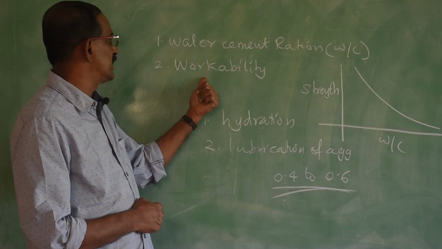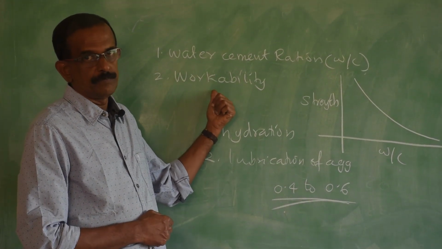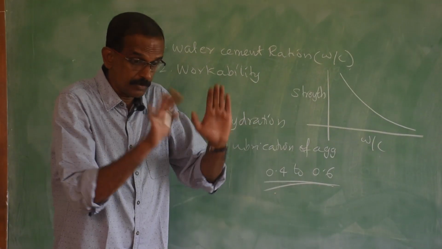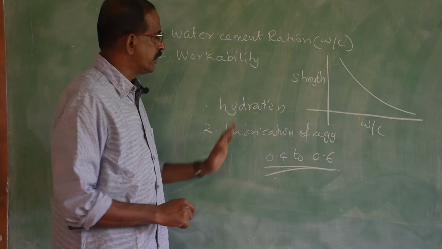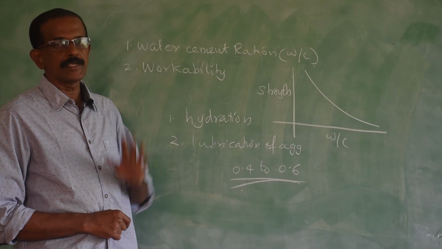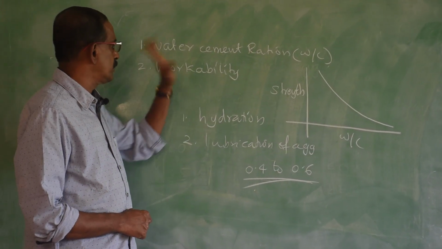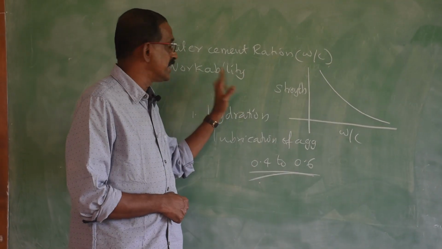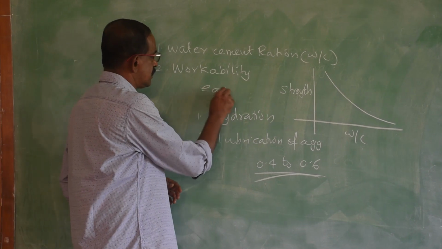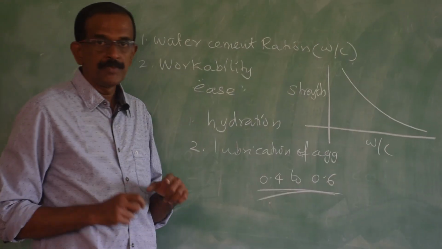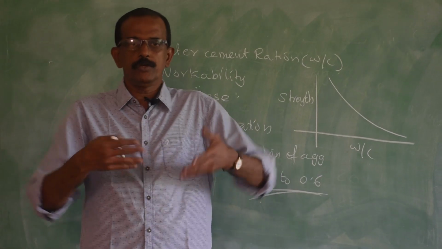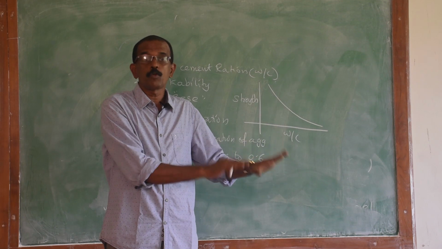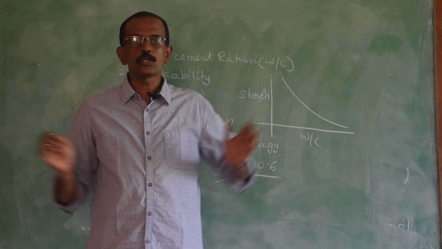There comes the second term, that is workability. Naturally, if the water content is more, it will be easy for the workers to mix and easy for the workers to place. So, they will try to increase the quantity of water, but the drawback is strength will decrease. The exact definition of workability goes like this. Workability means the ease with which the concrete is prepared, transported, and placed in the proper place without losing its homogeneity.